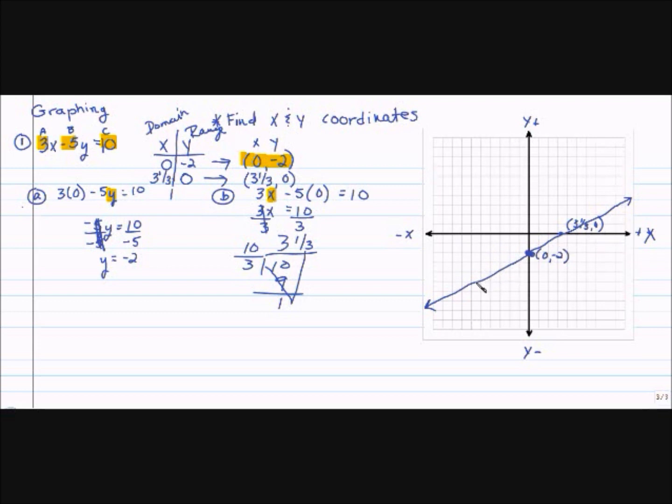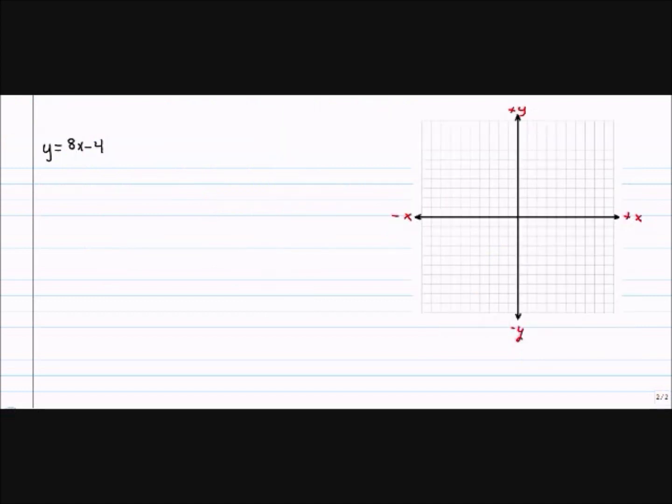Your range and your domain is all real numbers, because this does extend forever and ever, infinite, and it eventually will cross all your range numbers, which is on your y-axis, and it will eventually cross all your x. That's a little difficult to understand, but I just want to kind of throw it in there.